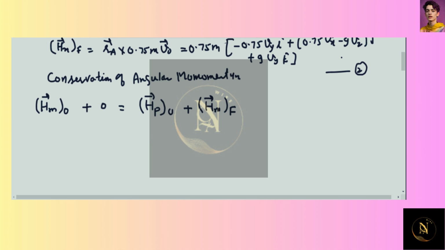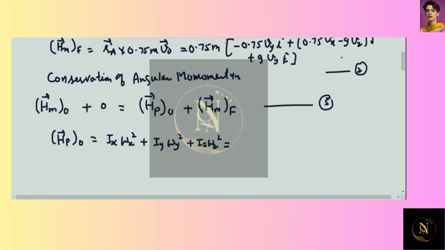So first we will calculate the final angular momentum of the probe about O. It can be written as Ix omega x, Iy omega y plus Iz omega z. Ix is m probe kx square omega x.